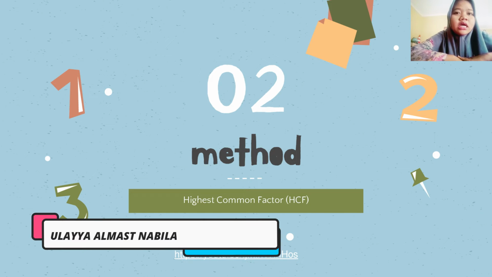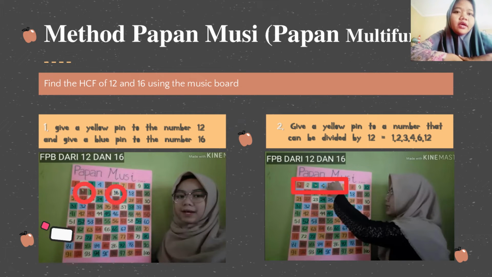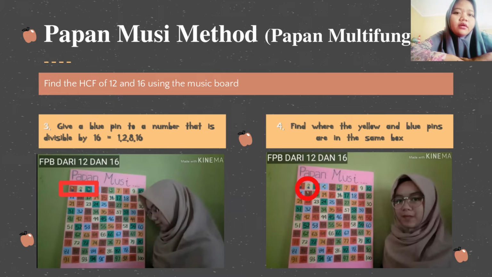Multiple board method. Find the GCF of 12 and 16 using the magic board. 1. Give a yellow pin to the number 12 and a blue pin to the number 16. 2. Give a yellow pin to the numbers that can divide 12: 1, 2, 3, 4, 6, and 12. 3. Give a blue pin to the numbers that divide 16: 1, 2, 4, 8, and 16. 4.